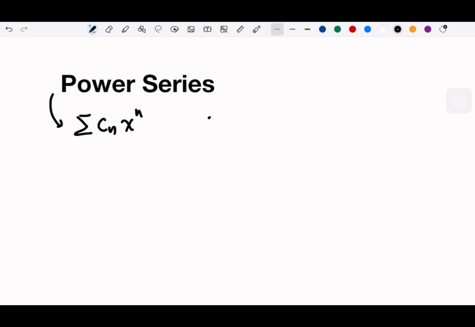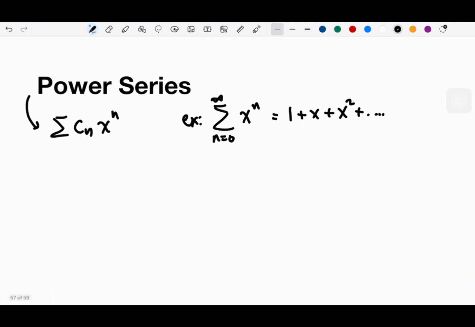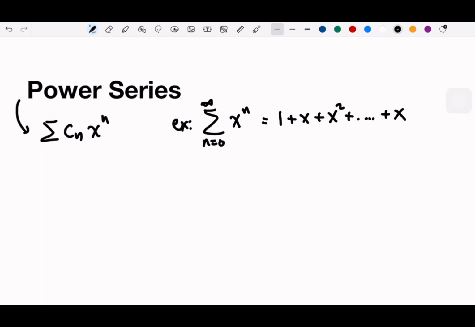So for example, if we have only x with power of n without any coefficient, we can write this as 1 plus x plus x squared plus dot dot dot plus x with power of n plus dot dot dot.